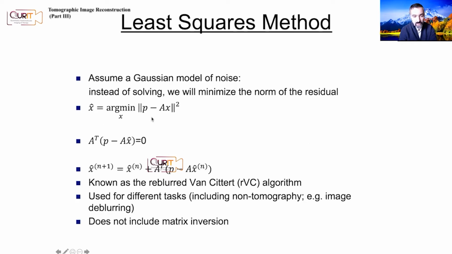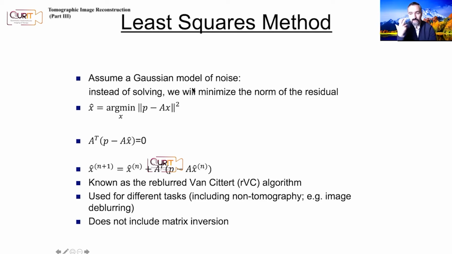Why is it statistical? Because it is based on the least squares concept, and you're trying to minimize this. So this is the derivative of this term being set equal to 0. You're trying to achieve this. What is that x that makes this term 0? Or what is that x which minimizes this term? So this is based on a statistical model of noise.